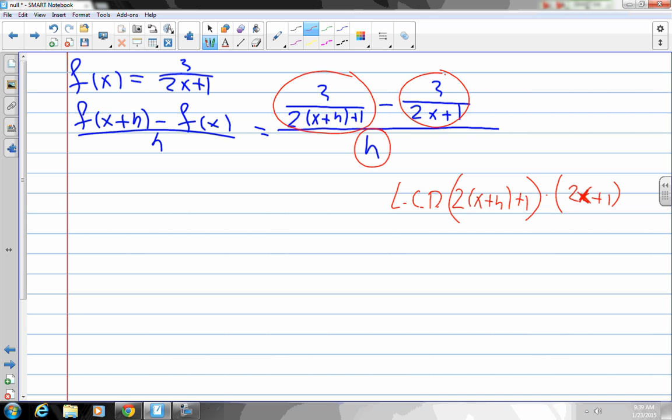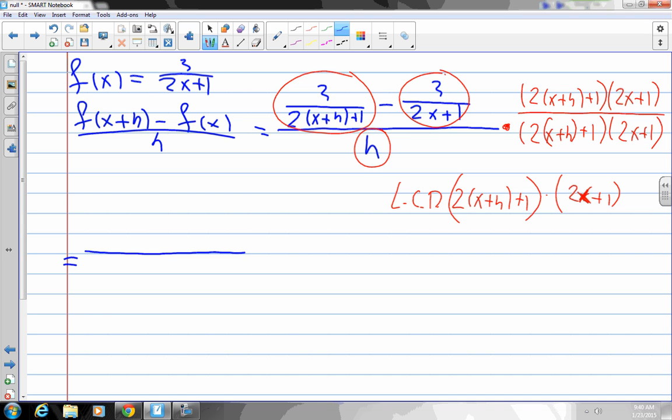The trick is to multiply and divide by that LCD. When you multiply, your denominators just multiply straight up.